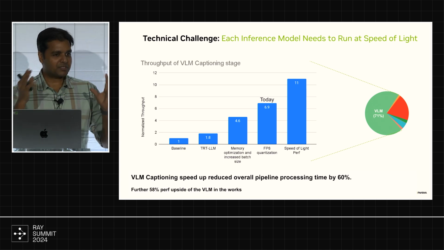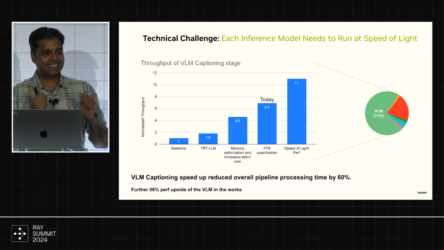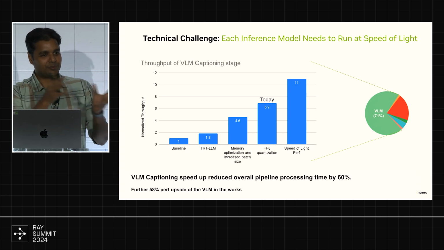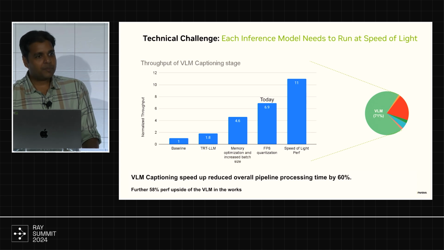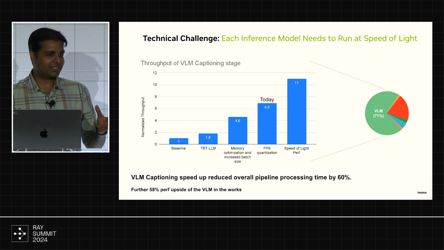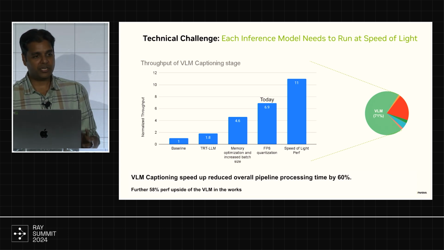We have something called a NIM factory. PyTorch models go in, and from the factory something comes out. Now for some things around memory optimization and others, for this model we had to manually tune it. We had to do a bunch of things manually, but it's a journey. We want the factory to give us the most efficient model. So we don't redo it ourselves, but yes, we redo it for every model that we get.